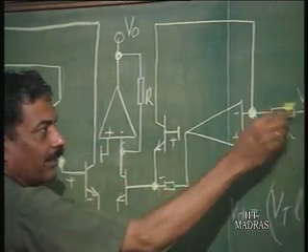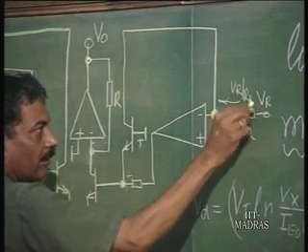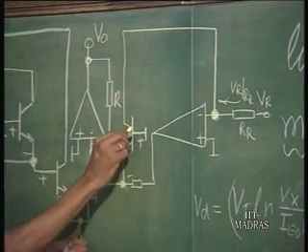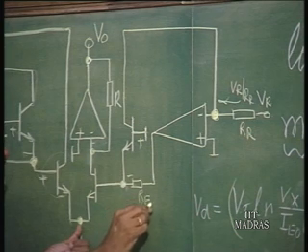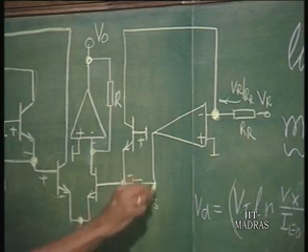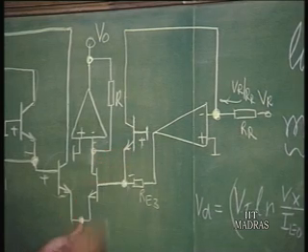You can see Vr by Rr is the current here, and this collector current is supposed to be the same as that. If the emitter resistance, let us say Re3, is properly chosen so that it is connected to the op amp output, automatically this voltage is developed.